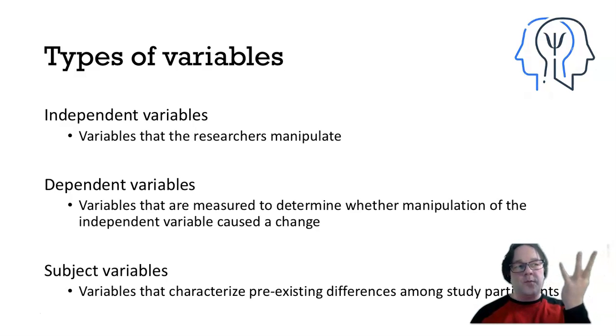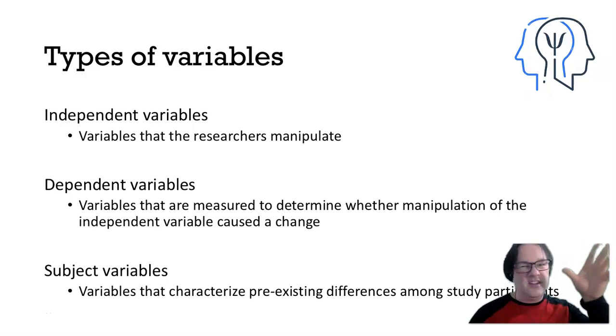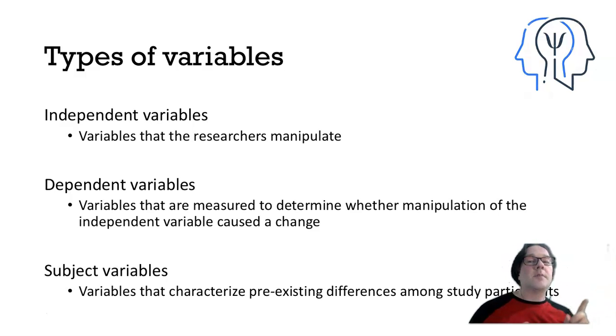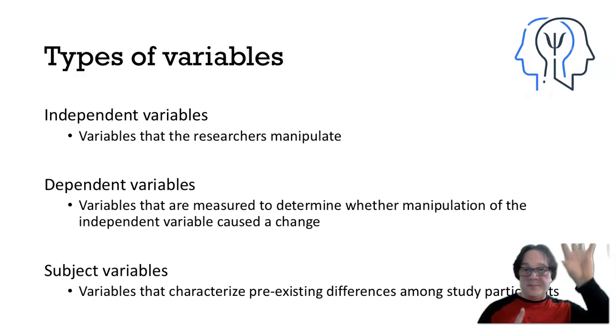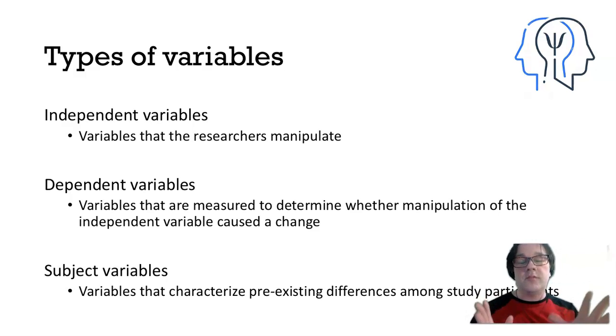These are the things that we're interested in, like what's going to happen if I do this to this variable. That's the independent variable. When it comes to dependent variables, these are variables that are measured to determine whether what we just manipulated with the independent variable actually had some kind of an effect, whether it changed anything in what we were interested in.